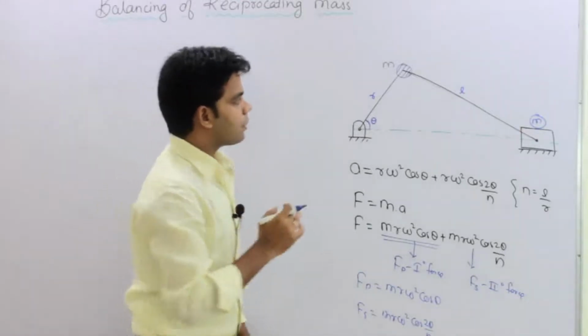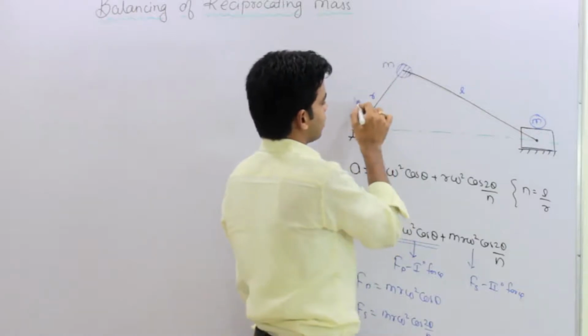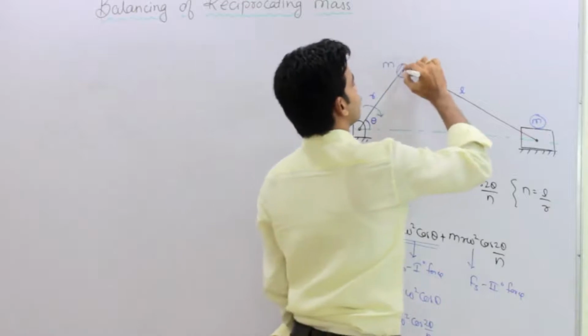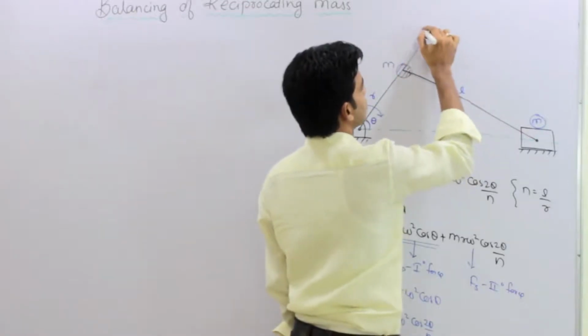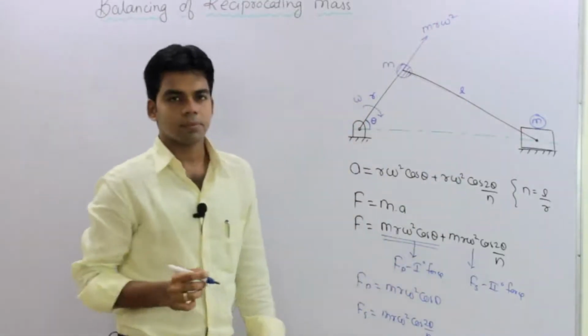So what will happen with this assumed mass? Because the crank is rotating in the clockwise direction, it will produce a centrifugal force whose magnitude will be equal to mr omega square. Getting this now?